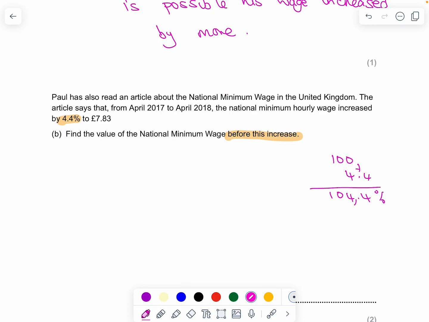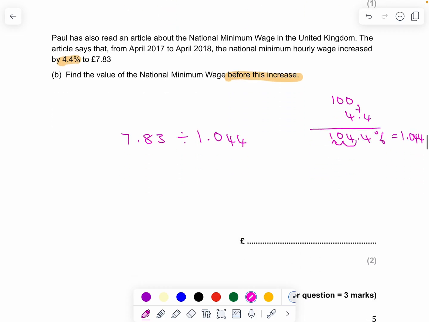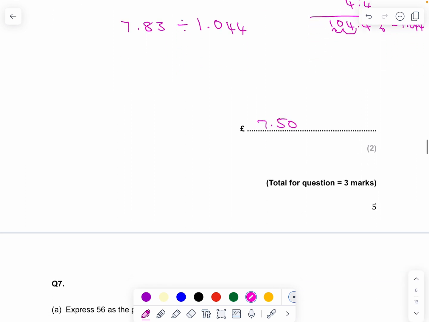So we move the decimal point 2 places to give 1.044. Remember, because it's reverse percentages, we are going to divide. So we're going to do £7.83 divided by 1.044, which gives us £7.50. And that's it. So £7.50.